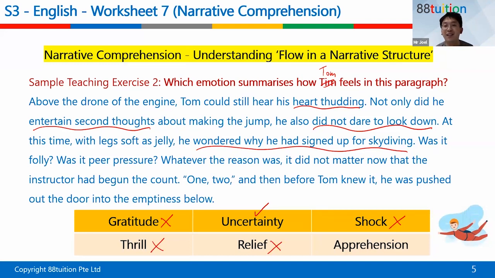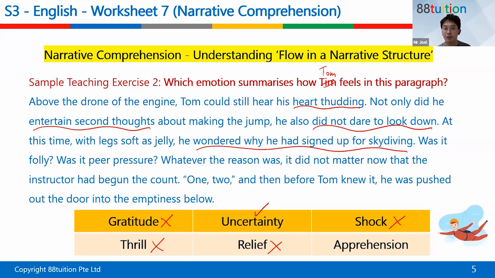Whereas uncertainty, right, is more like you are already faced with the situation. You clearly know what's going on, and you are uncertain at that moment whether to do it or not, right? So that's a small key difference, but that helps us differentiate for this paragraph over here.